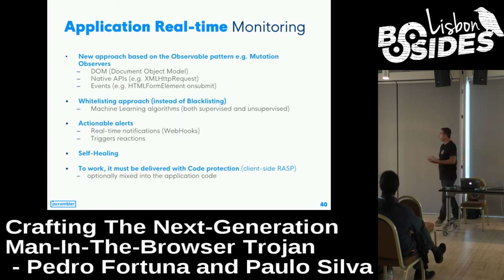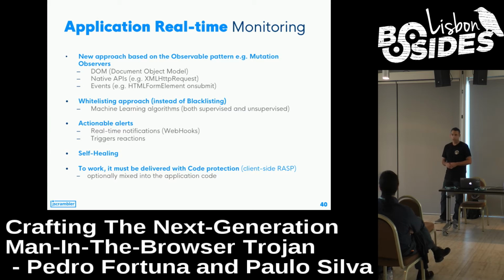And we propose a new approach, which is called application real-time monitoring, in which basically we are continuously monitoring the web page DOM for any unexpected modification, and for script injections that might be modifying the native APIs and hijacking events.